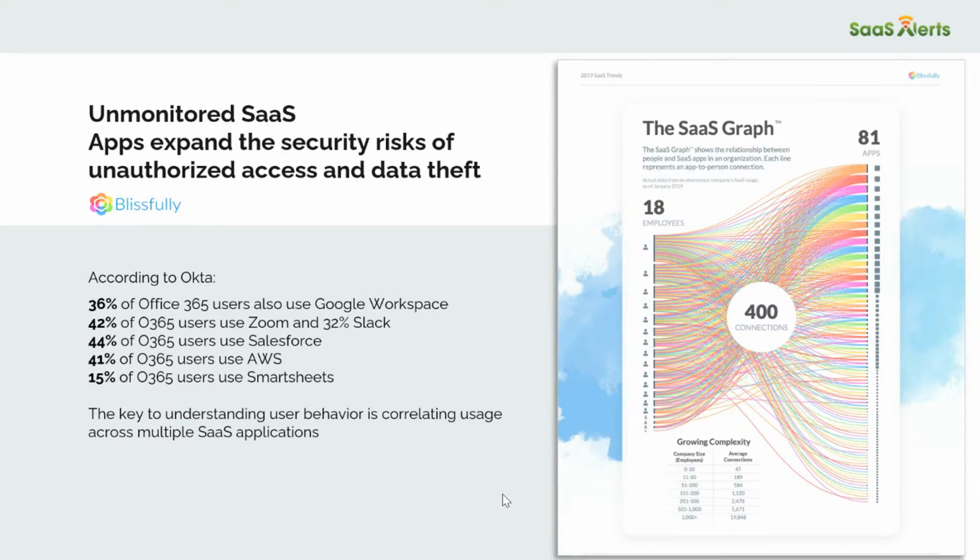But if you're just looking at a 365 tenant and you're just looking at a Salesforce tenant, that looks normal. The power is that we're able to say, wait a minute, we're correlating it, and this is physically impossible. This is an alert. I'm informing the MSP so they can do something about it.